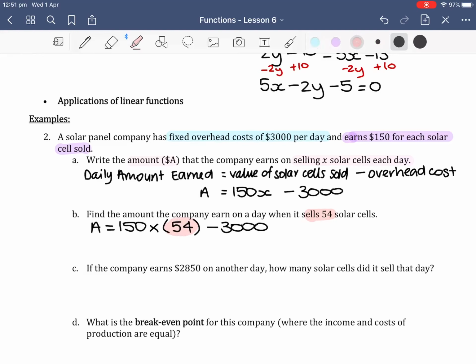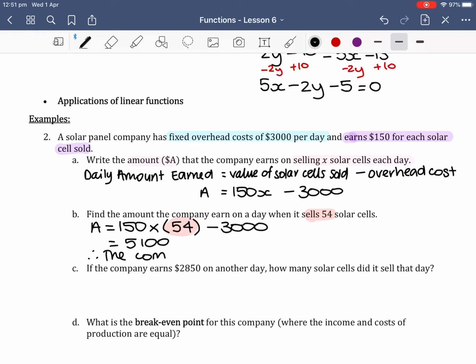So when we put this into our calculator, we get 150 times 54 minus 3,000, so we get an answer of $5,100 per day.